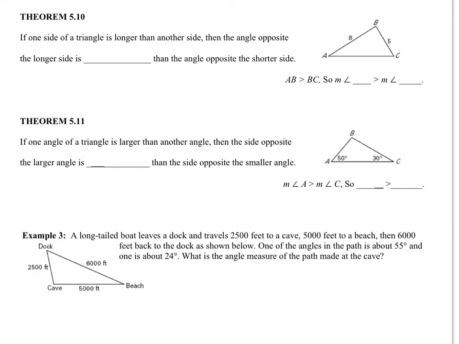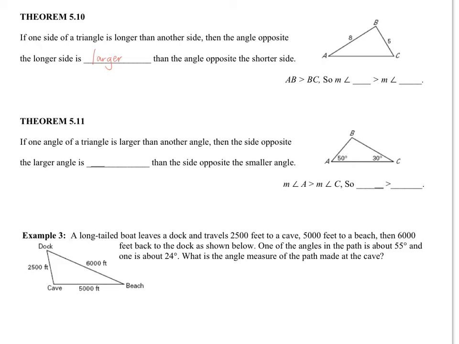Theorem 5.10. If one side of a triangle is longer than another side, then the angle opposite the longer side is larger than the angle opposite the shorter side.